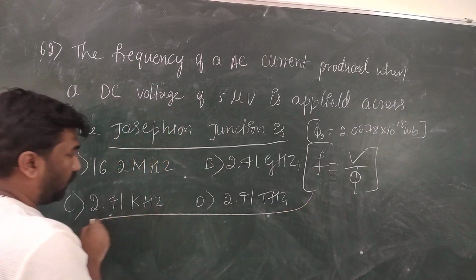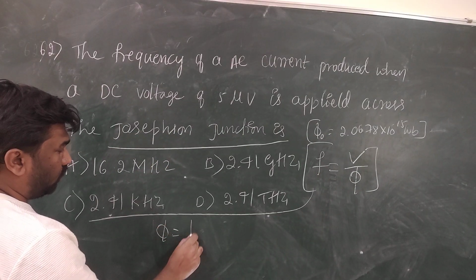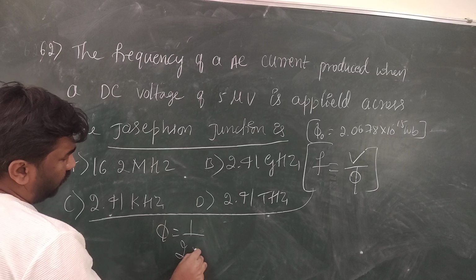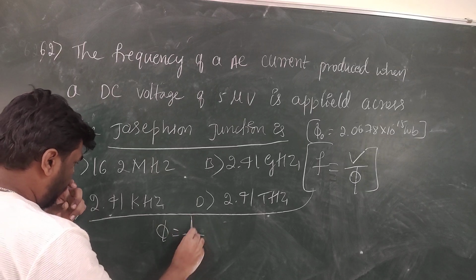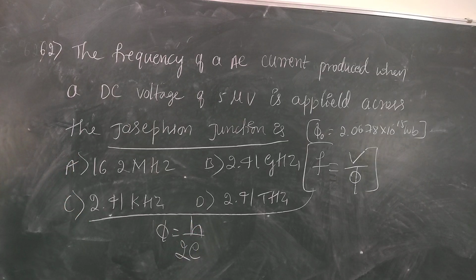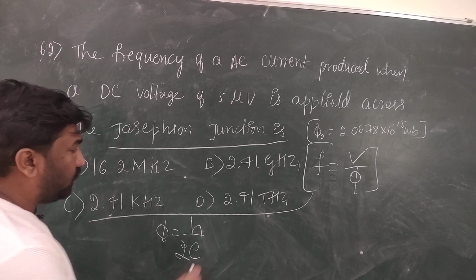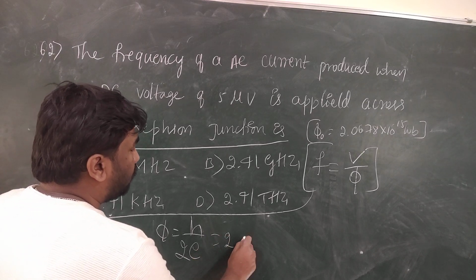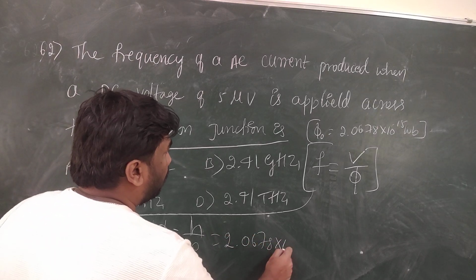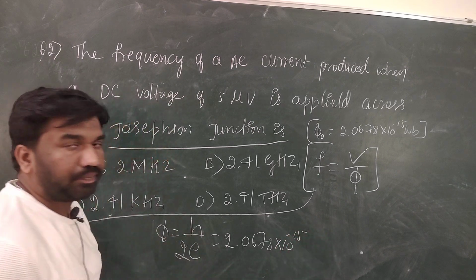Okay, so what is flux? Flux is equal to h by 2e. So if you substitute these values, we will get 2.0678 × 10^-15.